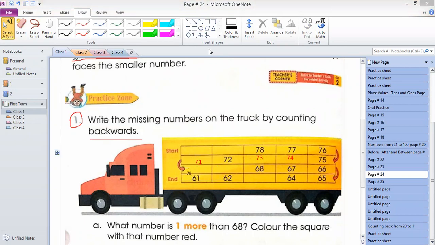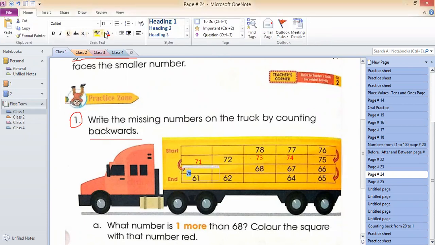Yes, guys, 70 is the correct answer. That's very good, guys. So we will write here 70.